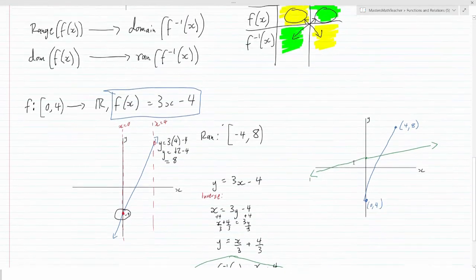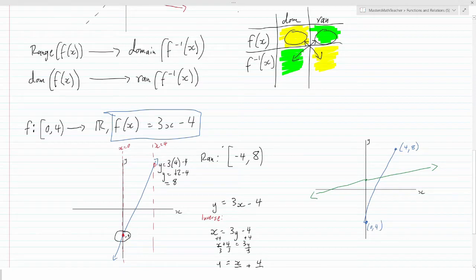Well, if we look back at our guide box here, what we can do is fill in what we know. So we know the DOM of the original. If I get rid of this circle, I'll keep the colors. But if we get rid of the circle, our DOM here is 0 to 4. And our RAN is -4 to 8.